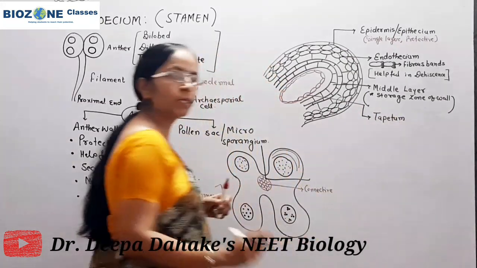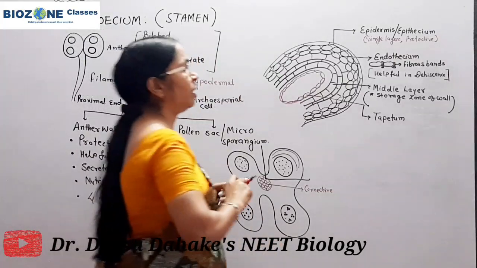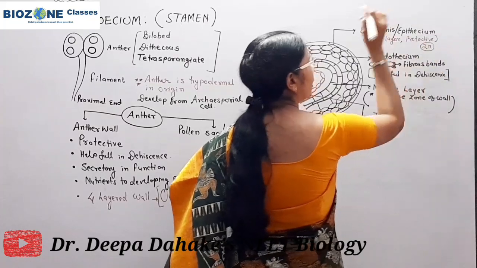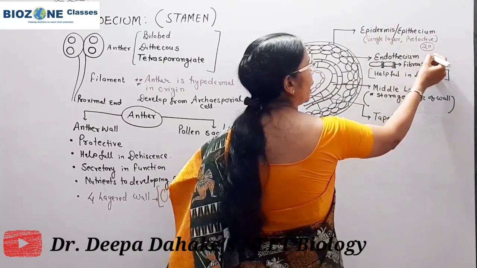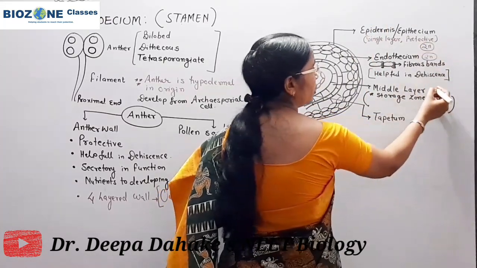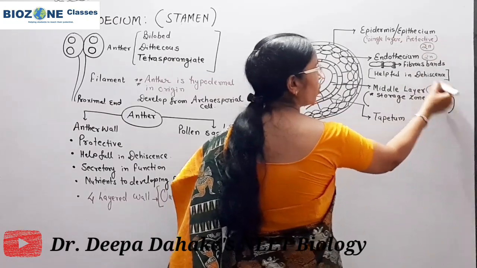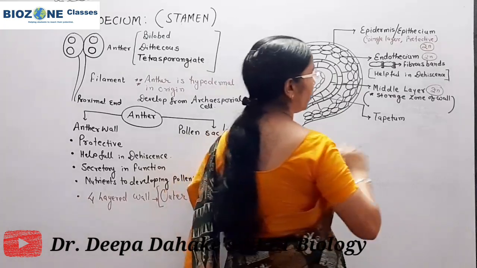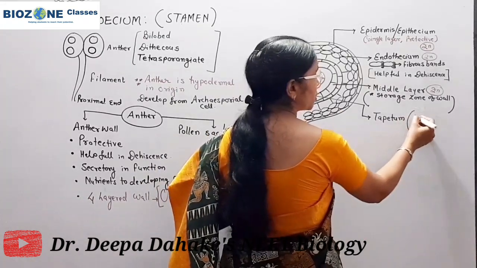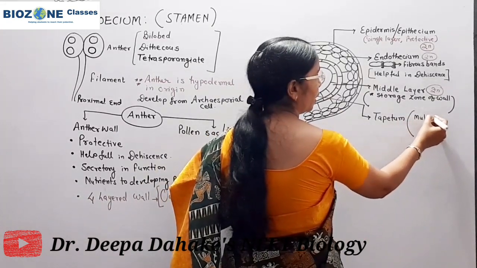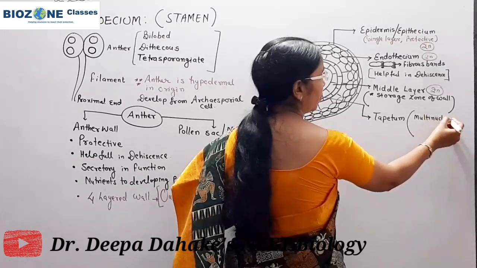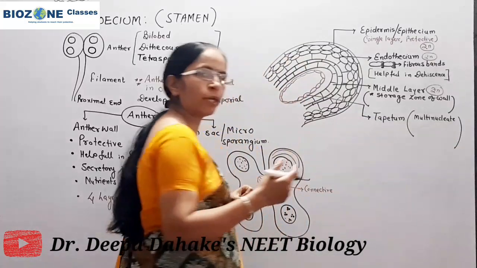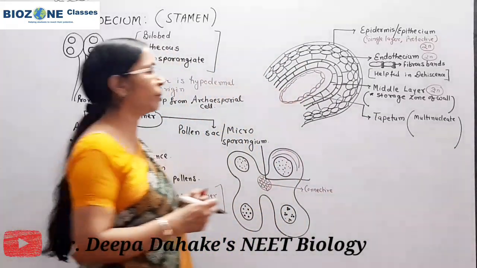First, remember this. Secondly, in terms of chromosome number, the epidermis is diploid, the endothecium is diploid, the middle layer cells are also diploid, but the cells of tapetum are predominantly multinucleate. An important feature, multinucleate; go through the NCERT, where the statements are provided.